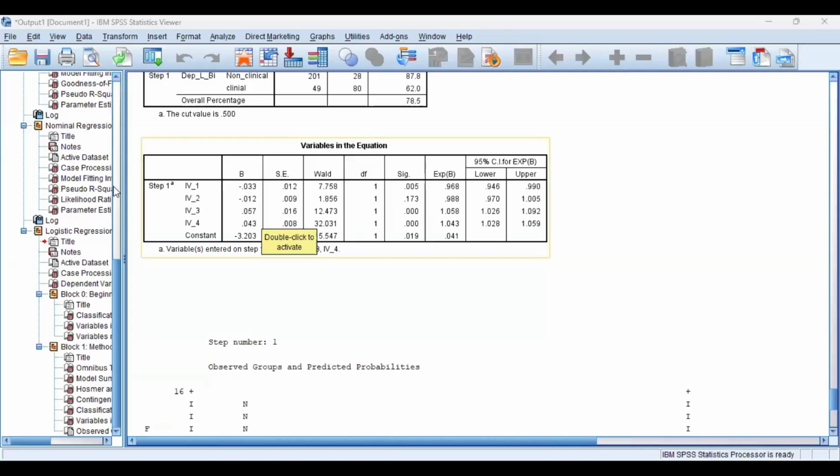Let's also quickly see how you can interpret that. For example, for the significant one, you see a negative coefficient and it is significant. Remember what our DV was? Our DV was clinical versus non-clinical levels of depression. And the way that I coded that DV was that 0 was non-clinical level and 1 was clinical level, which I can maybe show you in the data output as well.